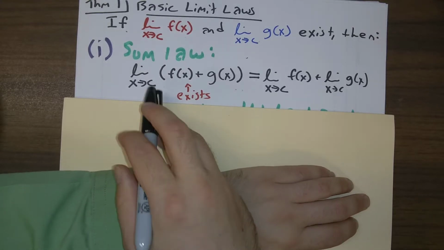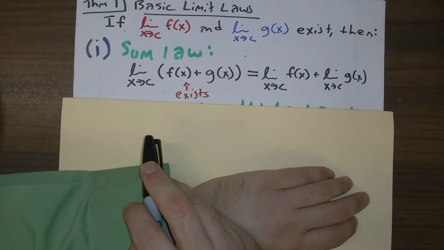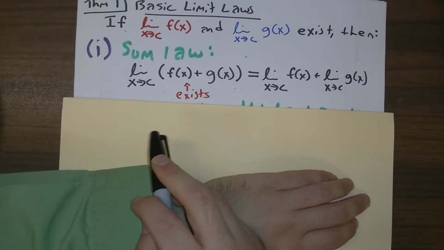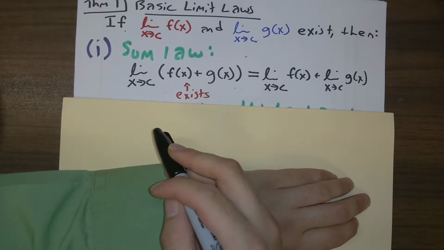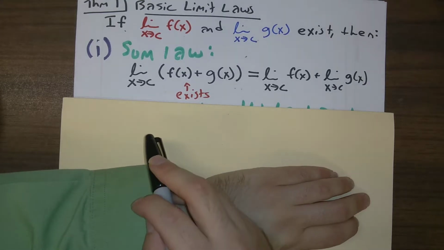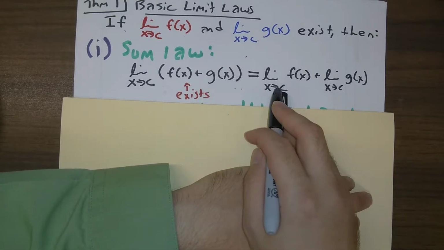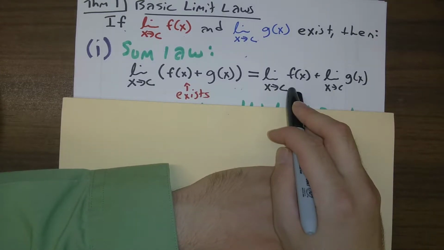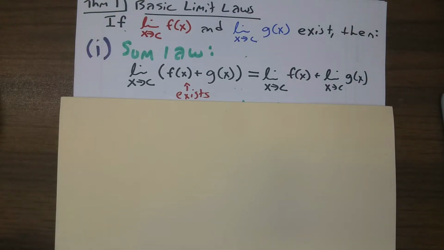The first statement is that the limit of the sum exists. We saw in section 2.2 that some limits might not exist, so merely being able to say that some limit exists is a significant thing in and of itself. But not only can we say the limit of the sum exists, we can also say it's the sum of the limits. So that is the first thing that we know.